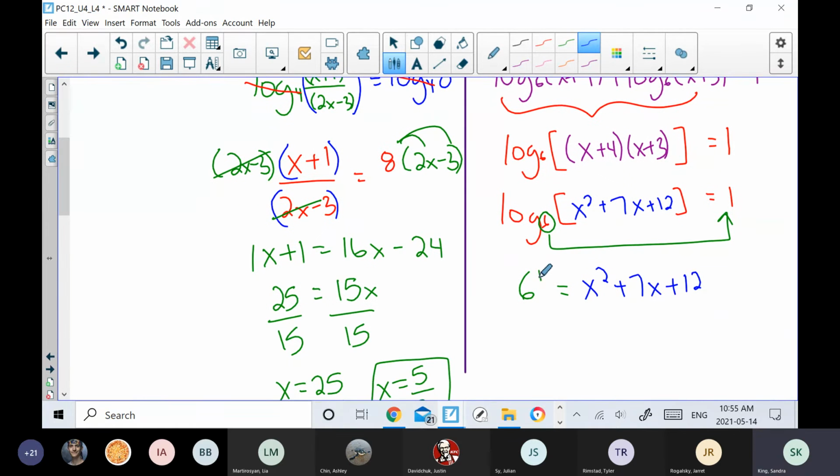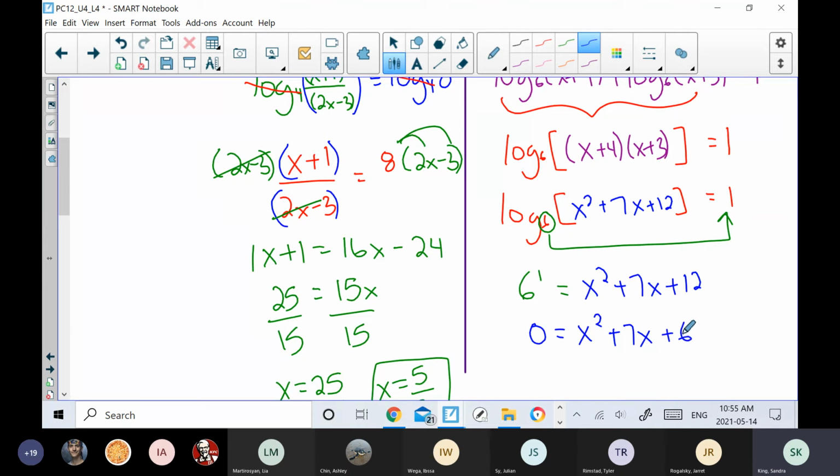Okay, 6 to the power of 1 is just 6. This is going to be another quadratic, so I'm going to subtract 6 from both sides. 0 equals x squared plus 7x plus 6. What gives you a product of 6 and a sum of 7?